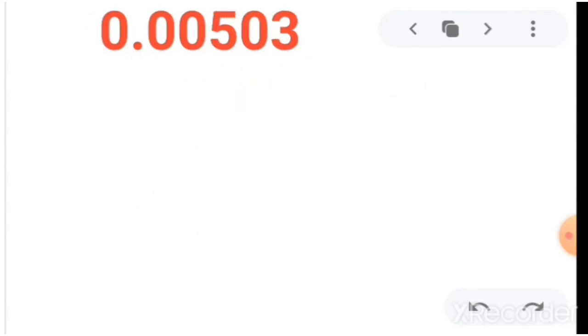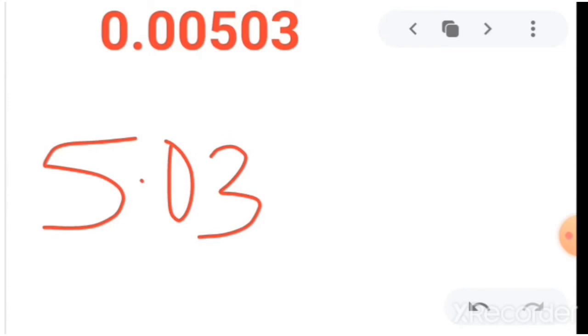Another example we are going to see of a really small number is 0.00503. The first whole number we have seen in this number is 5, so we write 5. But there is another number, 3. So we put a decimal point and write 5.03. Remember, if we just write 503, it is greater than 9 and also greater than 10. If we write 5.0, what of the 3 there? So we write 5.03. And as usual, we write our times 10.